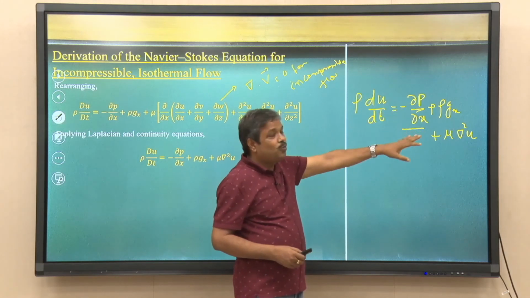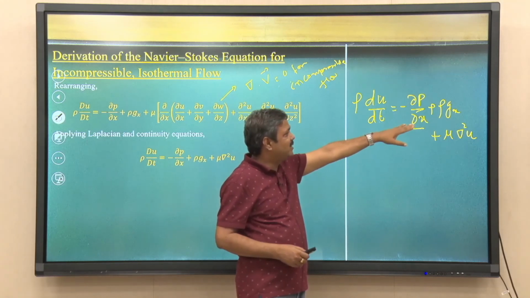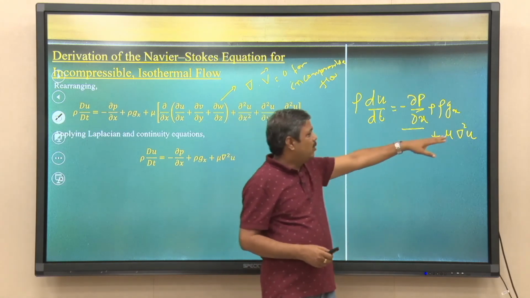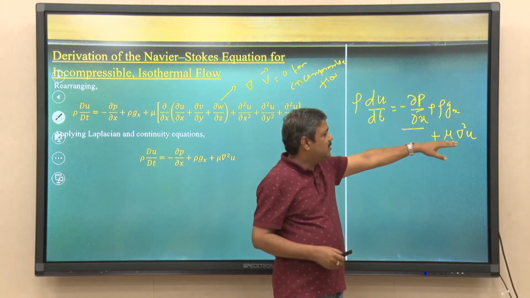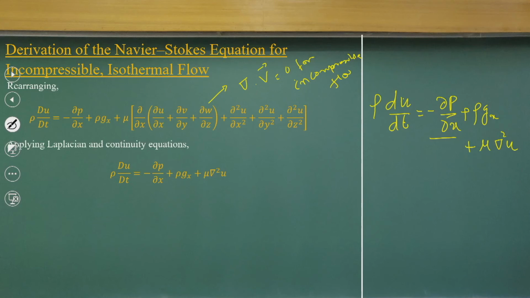the stress components that were there, we split into two parts. One part is the pressure component, where we get a pressure gradient component here. We also get the component because of viscosity, that is mu times the Laplacian operator of u. If mu is equal to 0, you can easily say that this term is equal to 0.